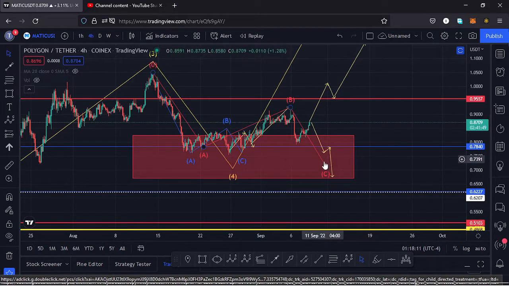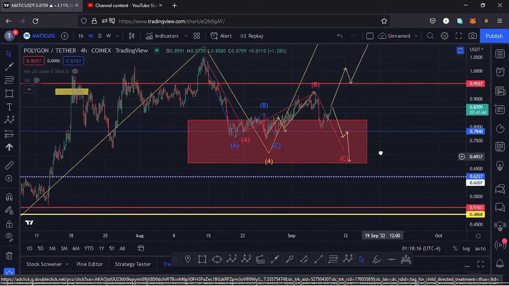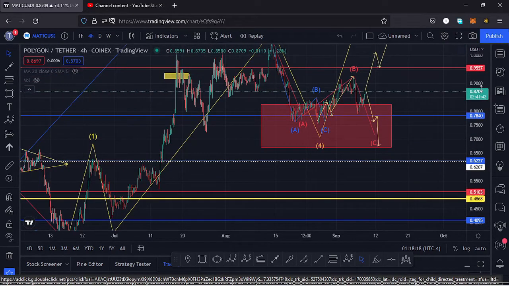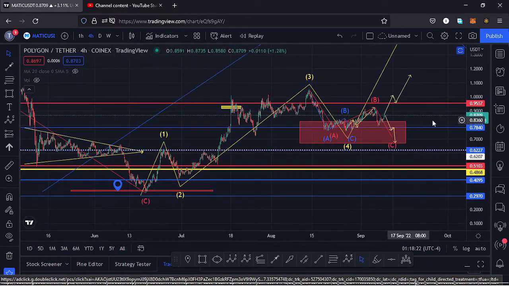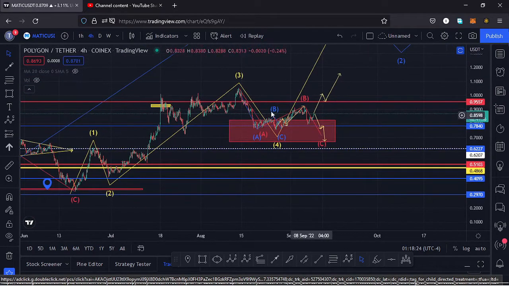So we have not yet completed the formation of our wave 4, and I expect lower prices to maximize our red target area. And because this is an Elliot wave structure, we also need to have invalidation points here on this chart, and the only way this Elliot wave structure can be invalidated is only by our wave 4 over here retracing into the high of that first wave, and the high for that first wave was at around the $0.62 mark.